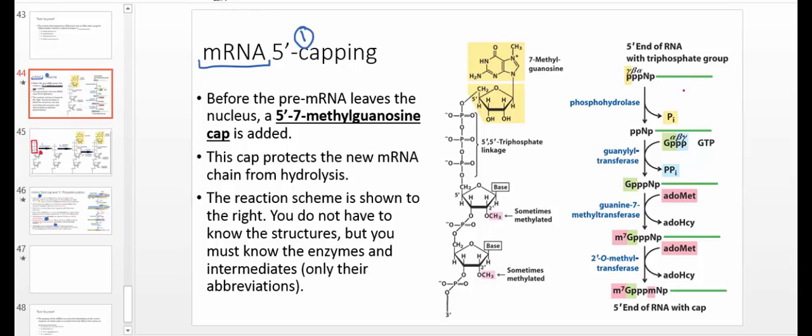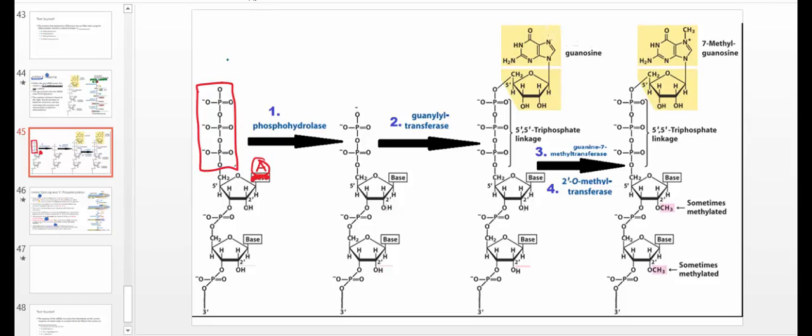So here's a phosphate, this is a phosphate, and then I have some nucleotide, and then attached to the nucleotide I have this triphosphate right here. So whenever you're telling me the abbreviations for each one of these groups, what you'll start with is this nucleotide, where all of this over here is the rest of the mRNA. You'll have a nucleotide, and then attached to it on the 5' end, you'll have 3 phosphates in a covalent linkage.